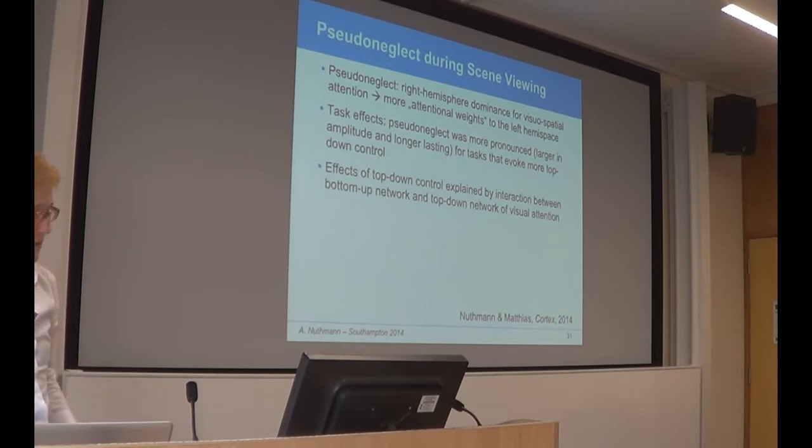And I didn't want to commit to any explanation, but the reviewers made us to, so my talented collaborator then suggested it's through an interaction between a bottom-up network and a top-down network of visual attention, which I hope you don't mind us not stating the details of. It also requires neuroimaging work to verify. This is really a bit of a speculative point.